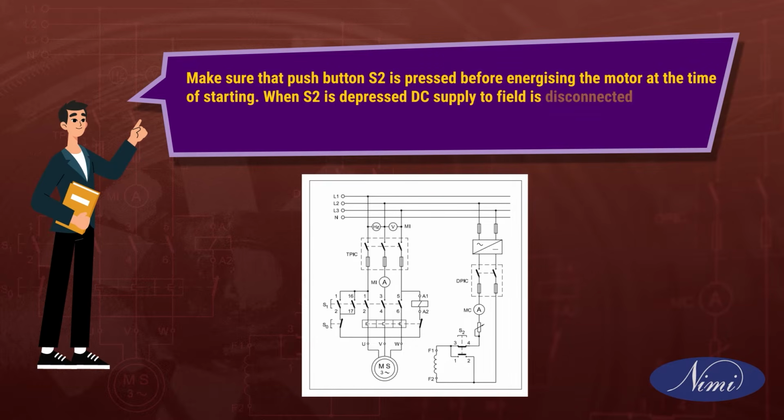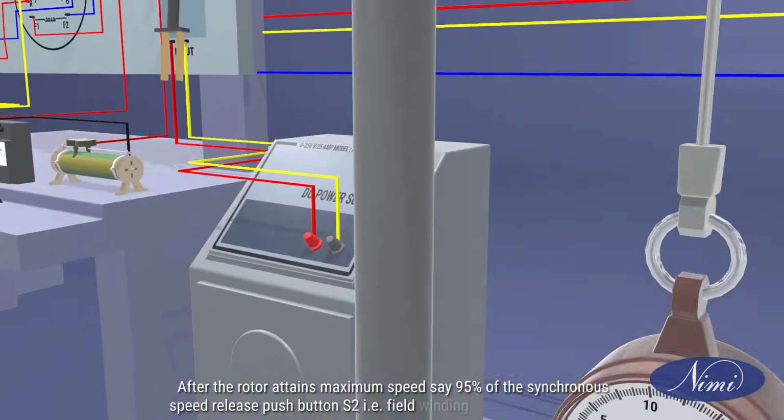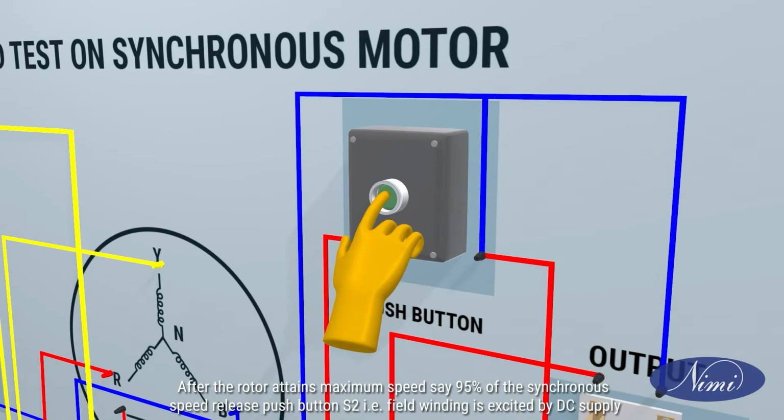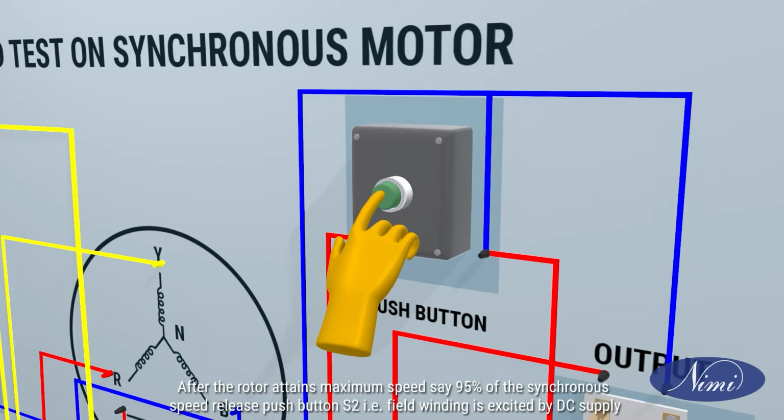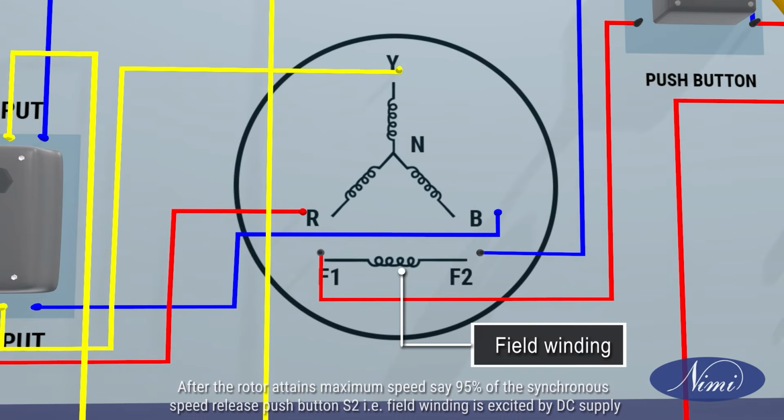When S2 is depressed, DC supply to field is disconnected and field winding terminals F1 and F2 are shorted. After the rotor attains maximum speed, say 95% of the synchronous speed, release push button S2, that is, field winding is excited by DC supply.